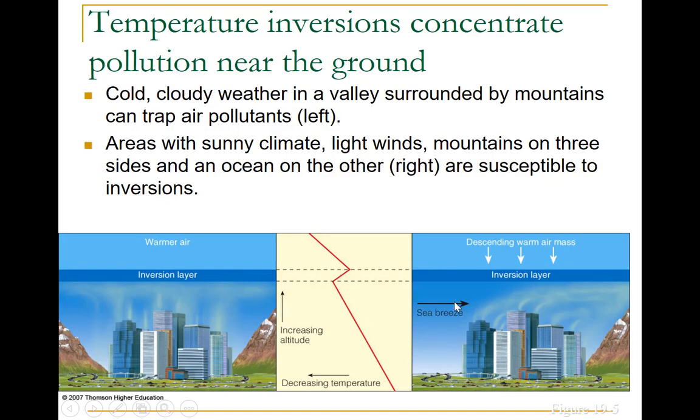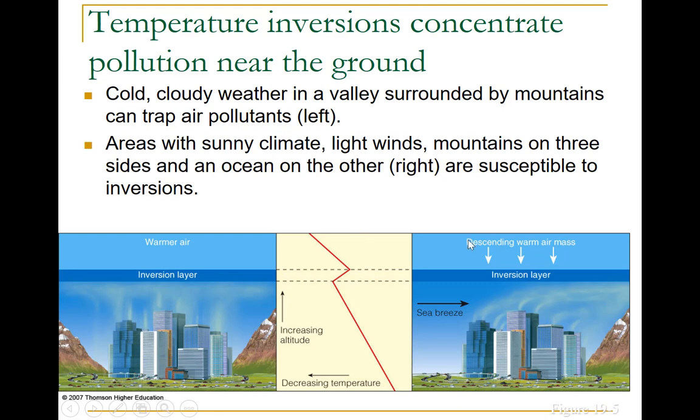An inversion layer essentially concentrates the pollution near the ground, and typically you can have two main situations, one on the left and one on the right. Cold, cloudy weather in a valley surrounded by mountains can trap air pollutants, and this is how an inversion layer can be created in mountainous areas located in a valley.